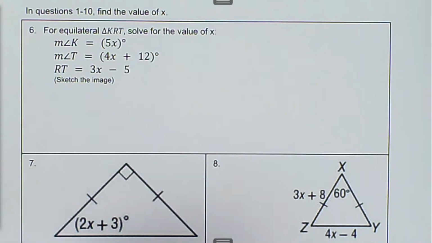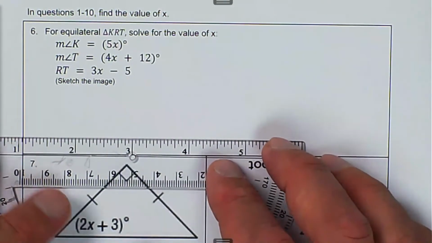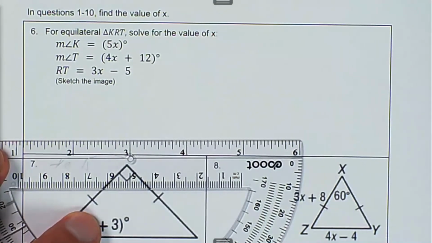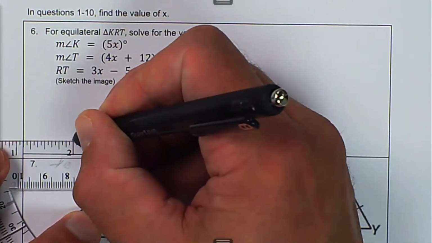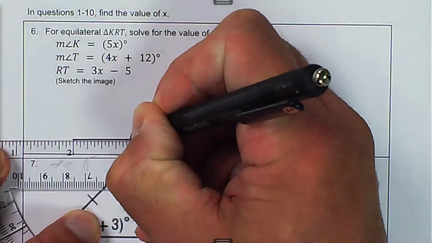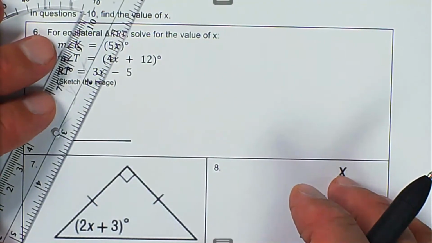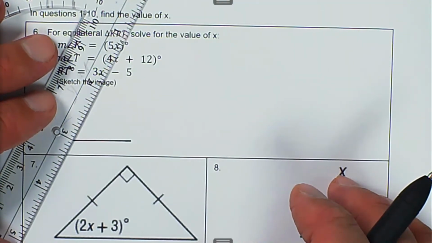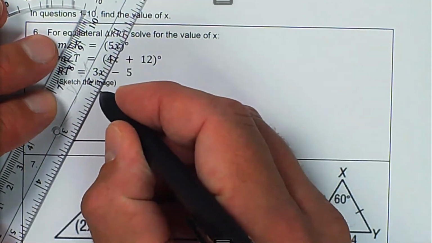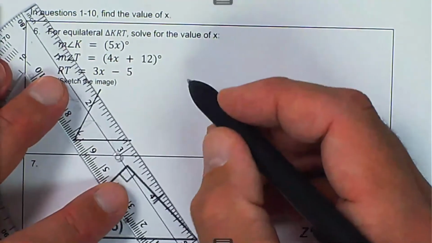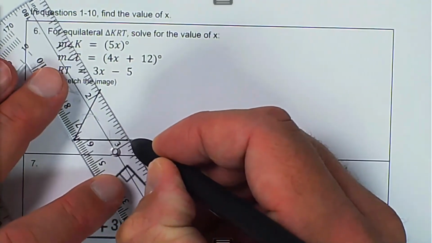And so I want to sketch my image. And I'm going to make all of my sides 1 inch. So the base there is 1 inch. 1 inch, and then we'll just connect this over here, and hopefully it is about 1 inch.